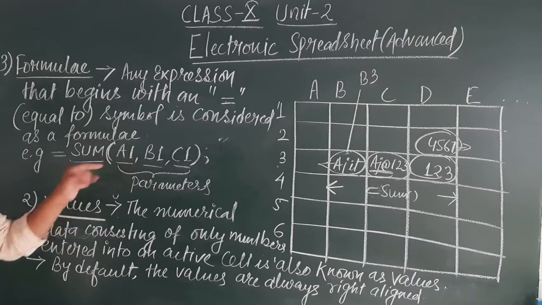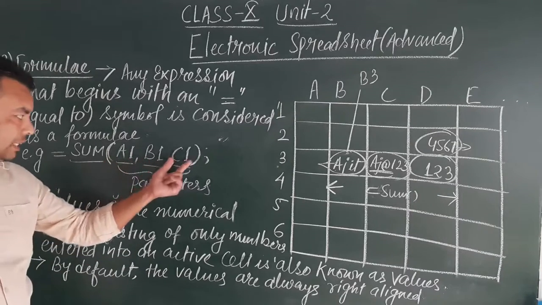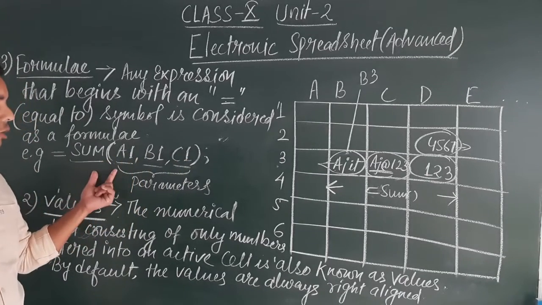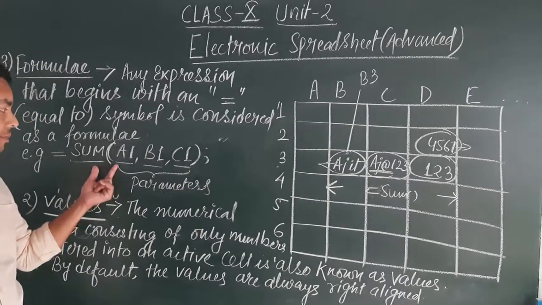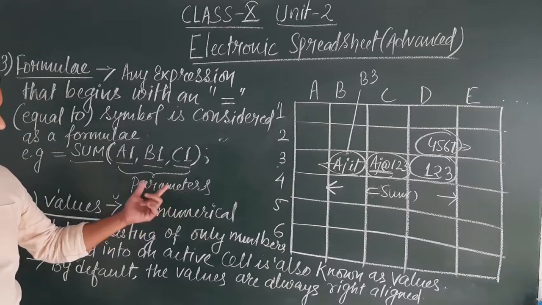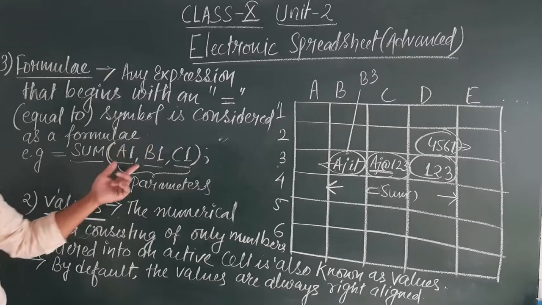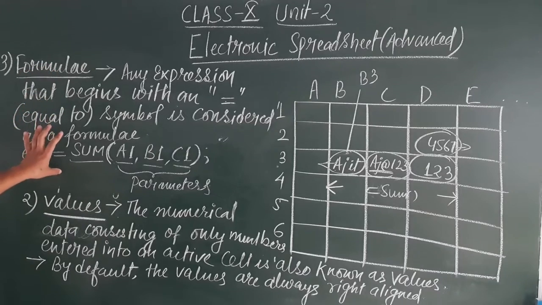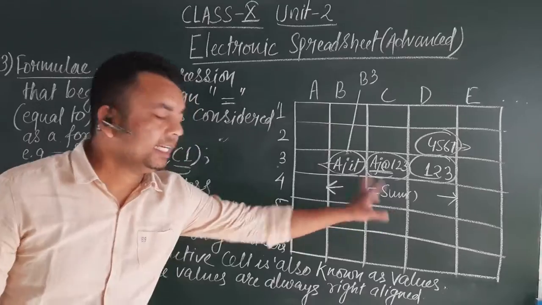While if we directly insert values in place of these cell references, then that will be considered pass by value. Since we are only using the cell references as parameters, it is known as pass by reference. So this is an expression which shows how a formula looks when we enter it.